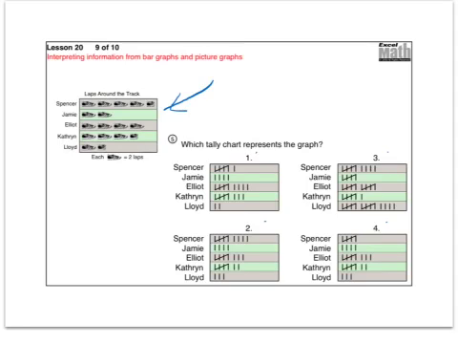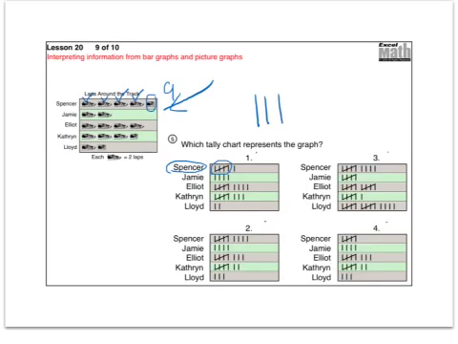Alright, so what we have to do here is just go through and look at our shoes and figure out how many laps that is. So Spencer has 2, 4, 6, 8, and then half a shoe, that would be 9. Spencer has 9. So let's look at these different charts here and see if Spencer has 9 on them. This one right here for Spencer has 5.